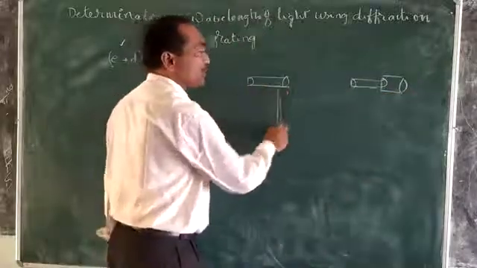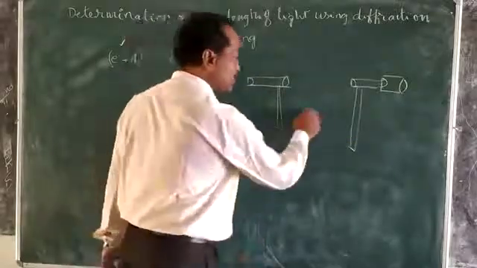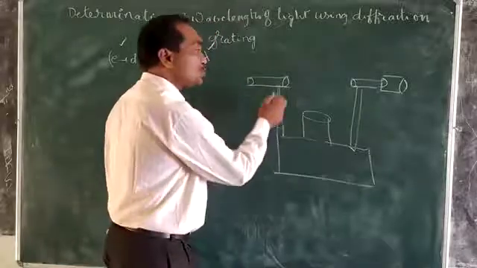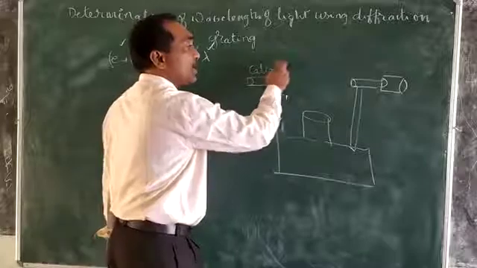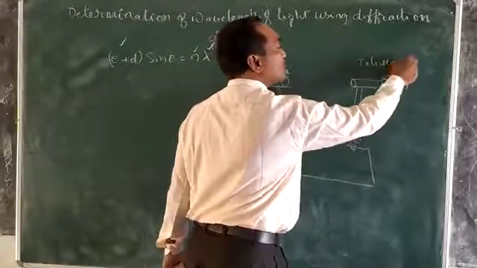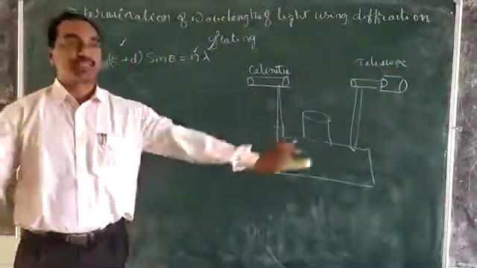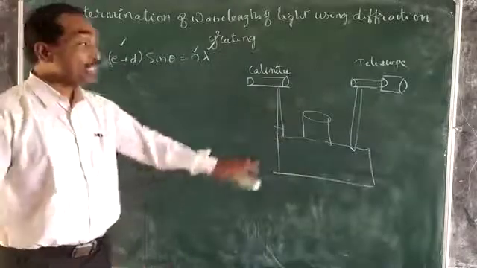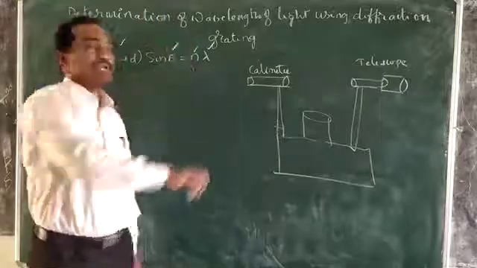Those two can move in all directions. There is a prism table. The collimator as well as the telescope can rotate about 360 degrees. This is the spectrometer we have in the laboratory. By using this spectrometer, we can determine the angle of diffraction.